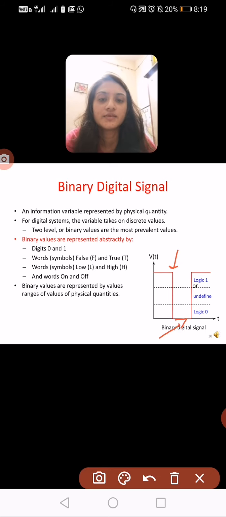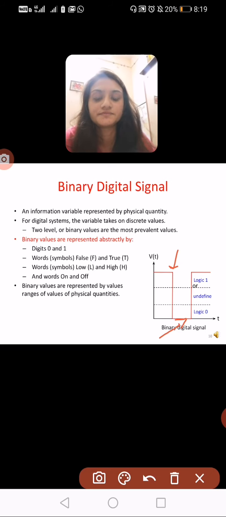Other terms used with 0 and 1 are the words false and true. False means logic 0, and true means logic 1. Low means 0, high means 1.